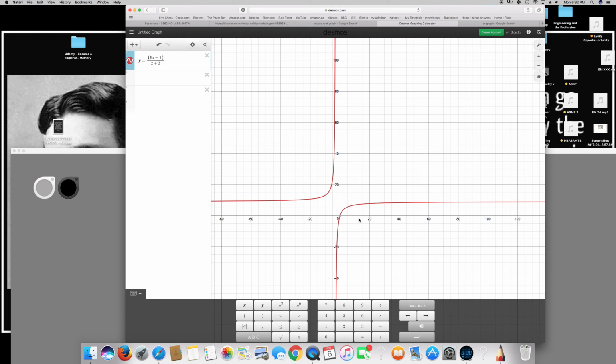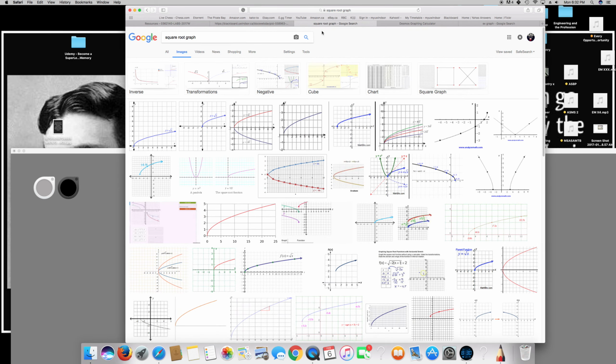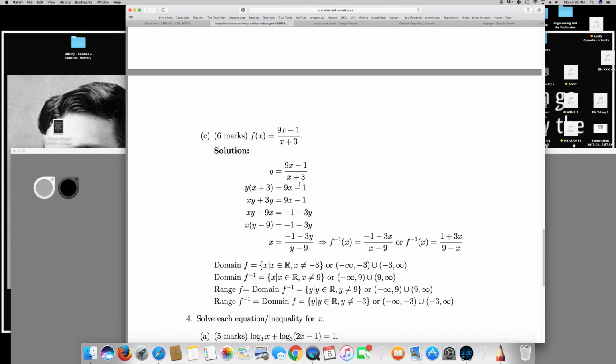And range is going to be what? Since this one is true right here, if it's in negative 3, then negative 3 minus 18 is minus 17. So range is going to be y not equal to 9. Y shouldn't be 9 at all, right?